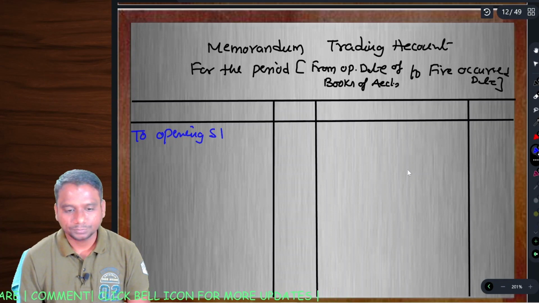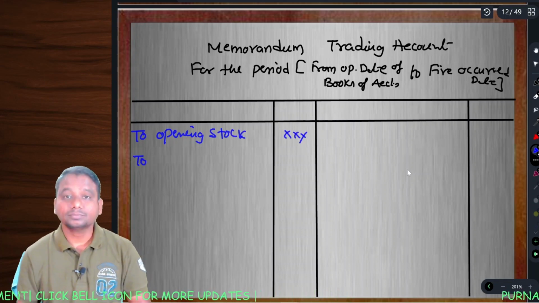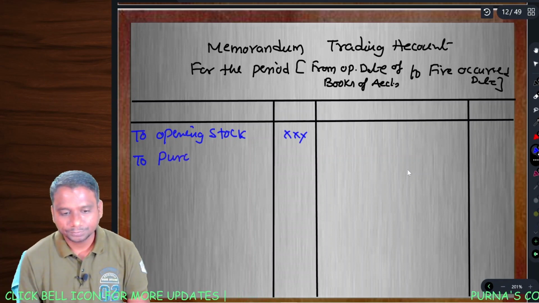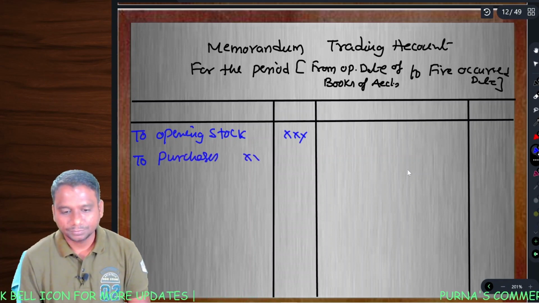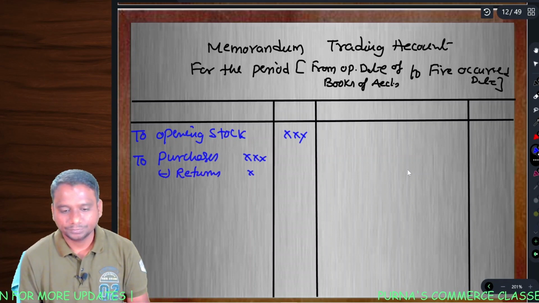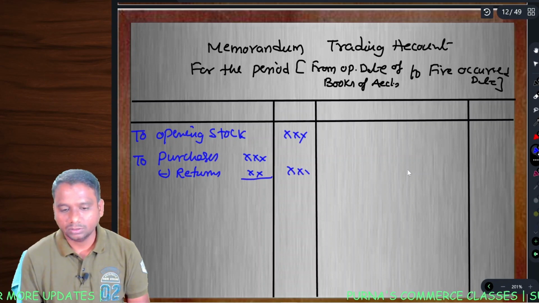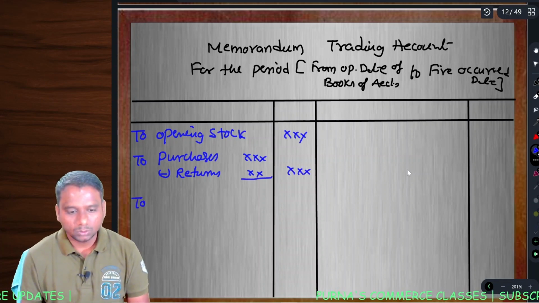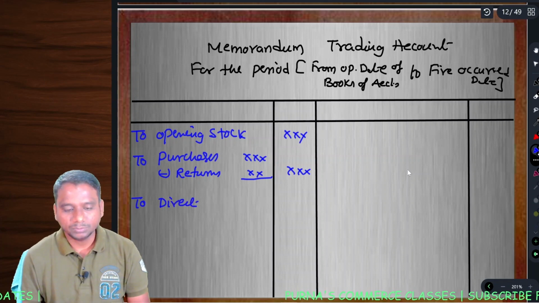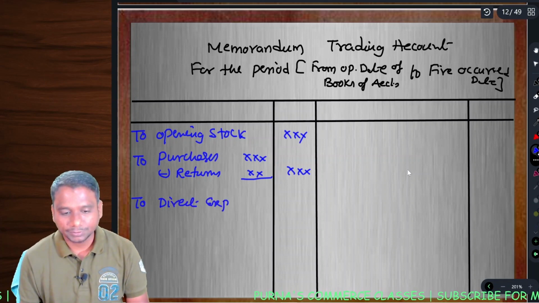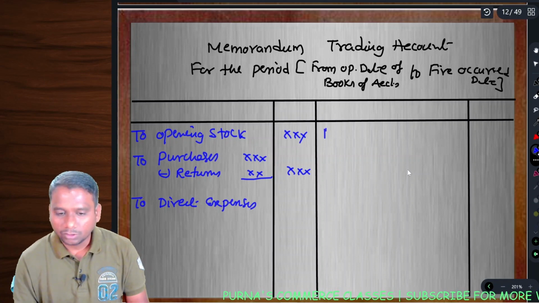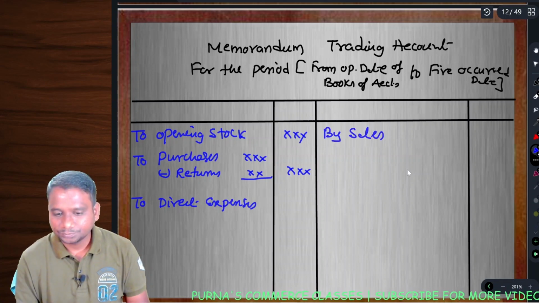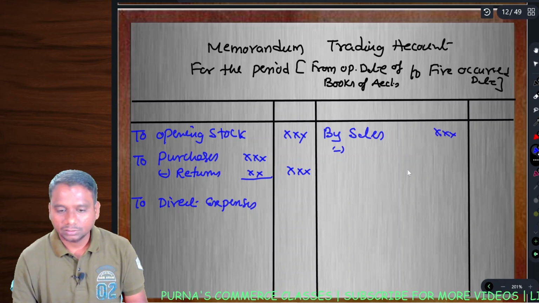To purchases, if you get returns, fine; otherwise, write the amount directly in the amount column. Now, to direct expenses. Sometimes they may give you manufacturing expenses. After that, by sales. If you get any sales returns, then sales returns.